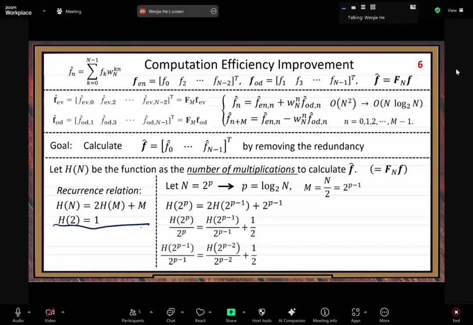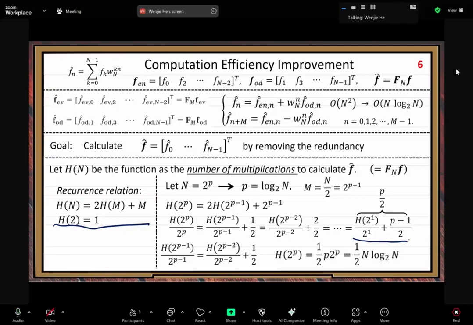After the transformation, we can do iterations, keep doing iterations. Then you can see the last iteration will give us this number, then p over 2.